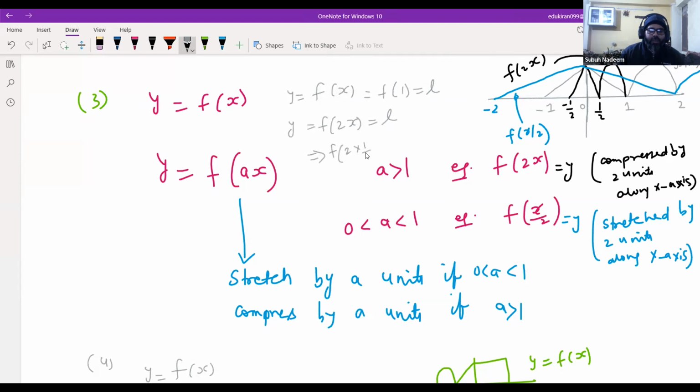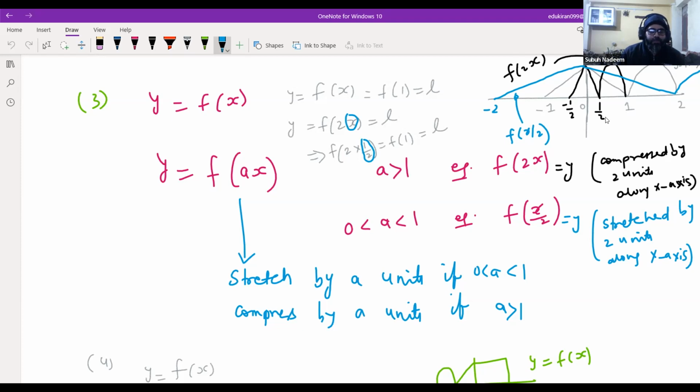For that, x should be half, which will give you f of 1 is equal to L. So you have put in x as half, so that it will compensate the 2 and cancel it and you will get f of 1. So when you are taking 2x, the x is becoming half of it, because you are now compressing. The extra 2 which is getting multiplied, you need to compensate that 2. So you have to compress it.